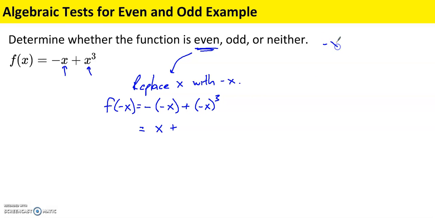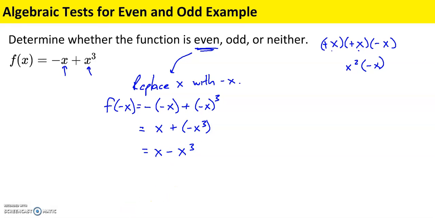If I took negative x and multiplied it by itself 3 times, these two negatives, or any two I pick, since multiplication is associative and commutative, would become positive. So what I really have is x times x, or x squared, times negative x, and that's negative x cubed, isn't it? Another way to write x plus negative x cubed is x minus x cubed. So this is the expression I need to look at.